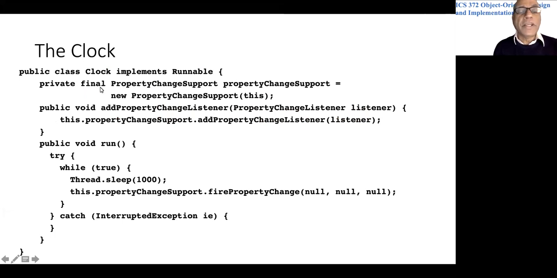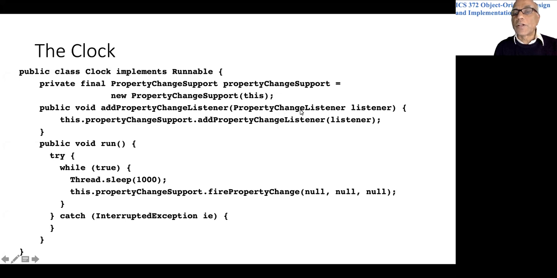The main difference between this version and the one that we saw initially is that this is now implementing the observable part of the observer pattern. We have a property change support object. So this is an adapter, an object adapter using the property change support for keeping track of all the listeners.